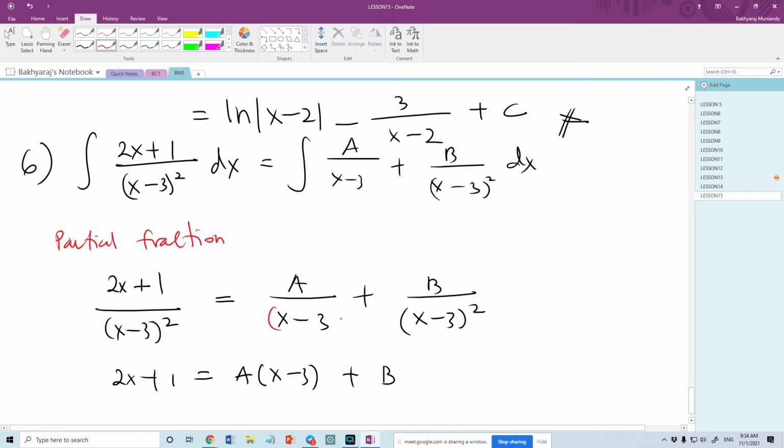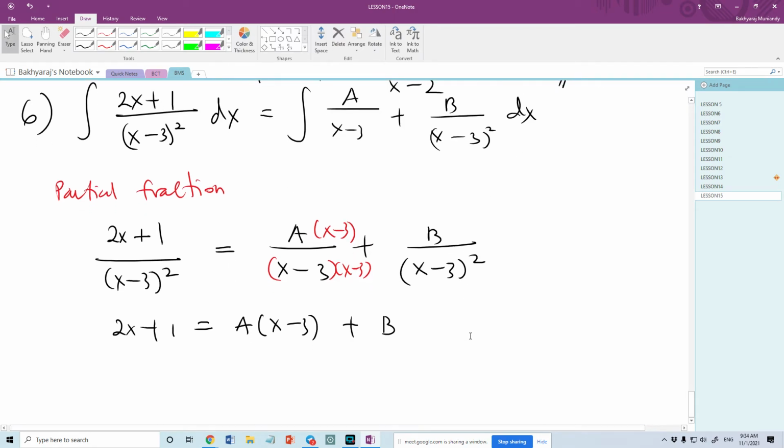So only this place we need to multiply by x minus 3. If we multiply, then the denominator will be the same. So I get a times x minus 3 plus b.